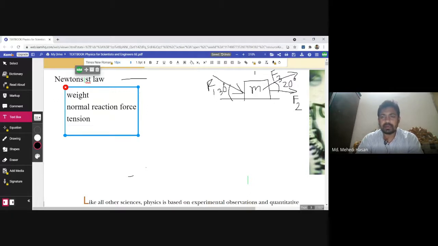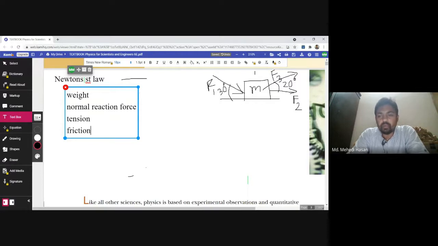Then the last one is friction. Here, this tension is not the tension related to usual life. This tension is a certain amount of force, and it is related to a string. Okay, so let's talk about them one by one.